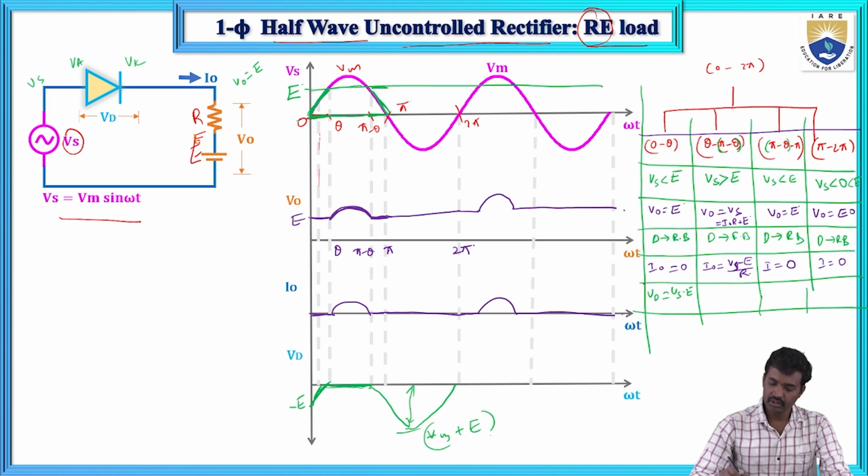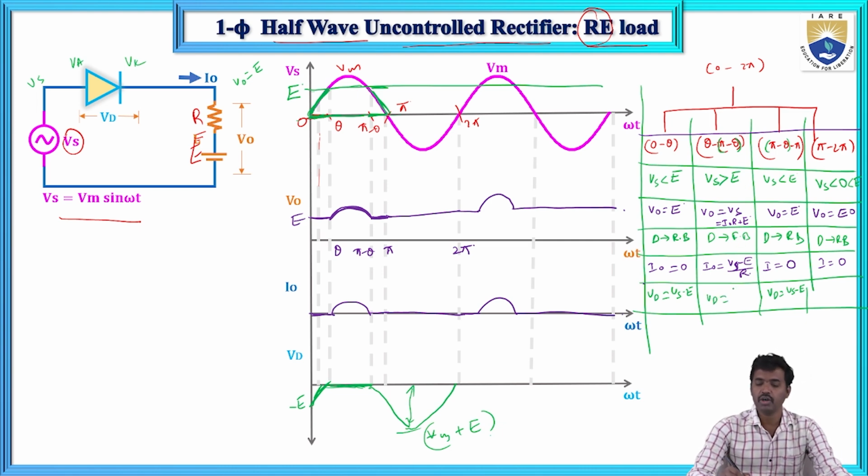So Vd equals Vs minus E, and this voltage is 0. Vd is short circuited because it is in forward bias. This Vd equals 0.